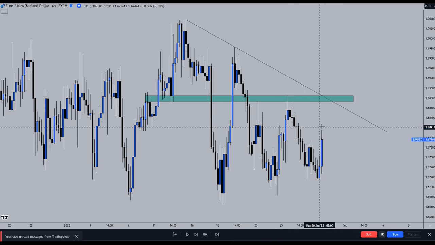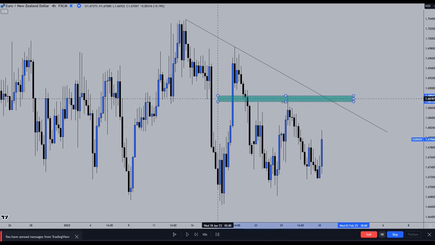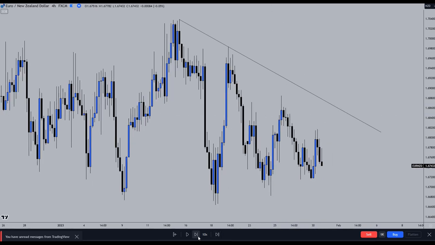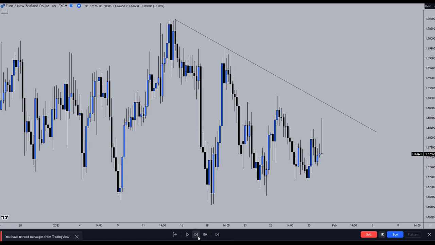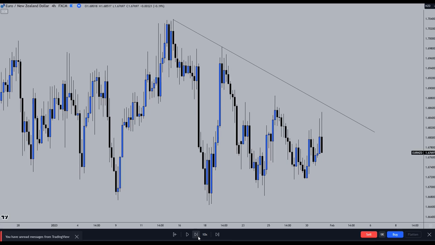You could say, if price comes up here, then I'm going to take the trade. Alternatively, if you don't want to do this just yet, you could get rid of the analysis and just wait till price comes close. When you see price coming close, like something like this, you now know that price is going to hit in and around this area.